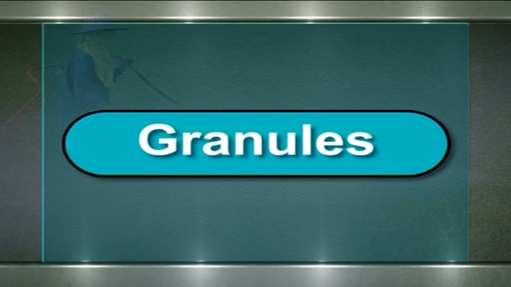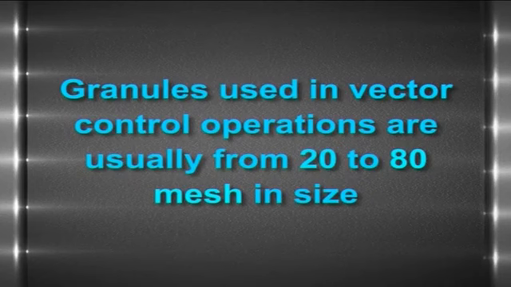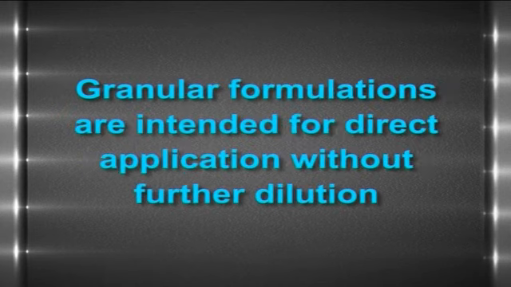Next is granules. In a granulated formulation, the active ingredient is mixed with various inert clays to form particles of various sizes. Granules used in vector control operations are usually from 20 to 80 mesh in size.